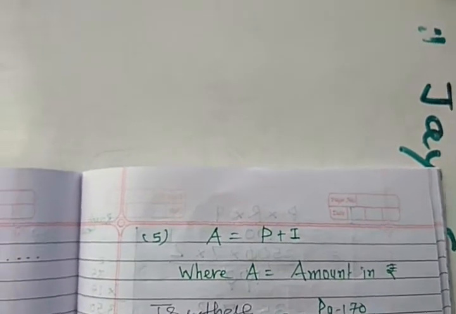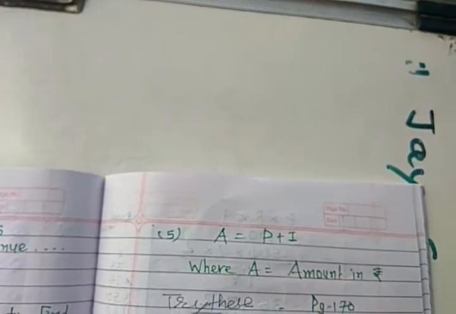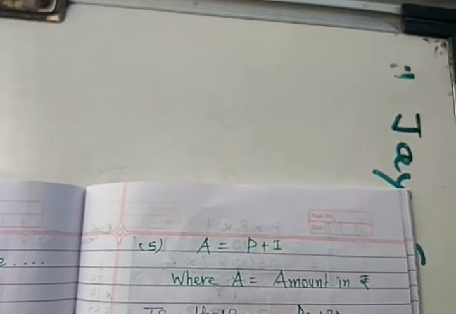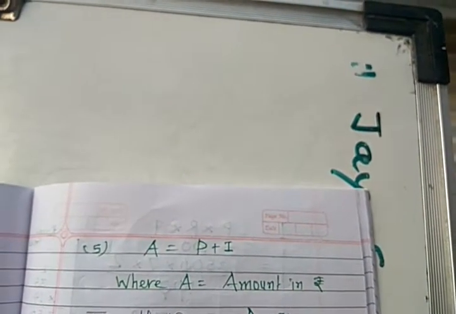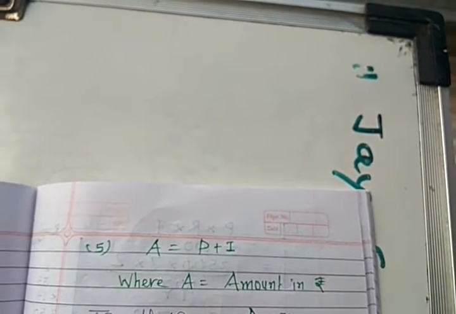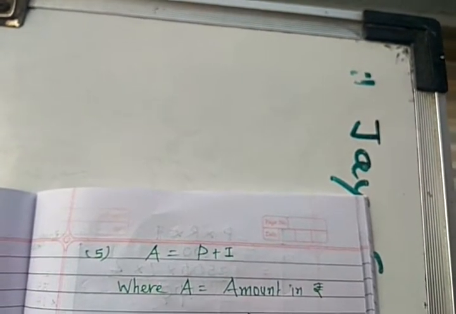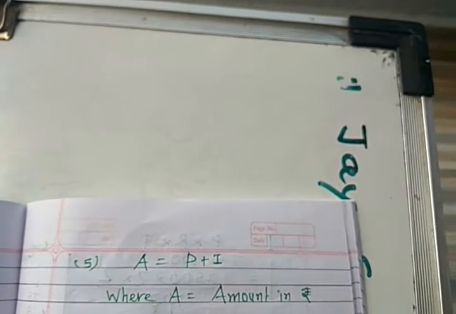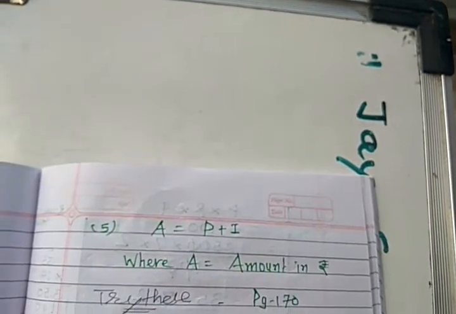So your principal amount is 10,000 rupees and interest is 200. So in total you will get 10,000 and 200. After 1 year the bank will give you 200 rupees more. So it is simple interest, right? Like this way.